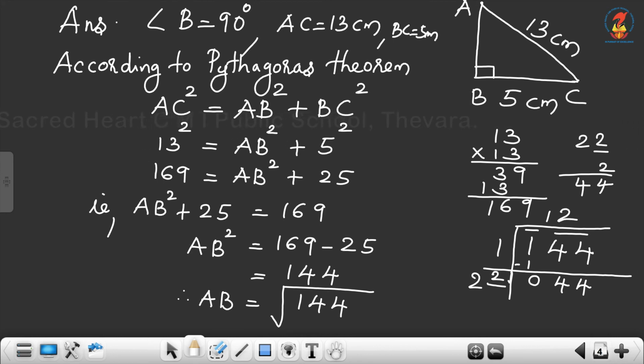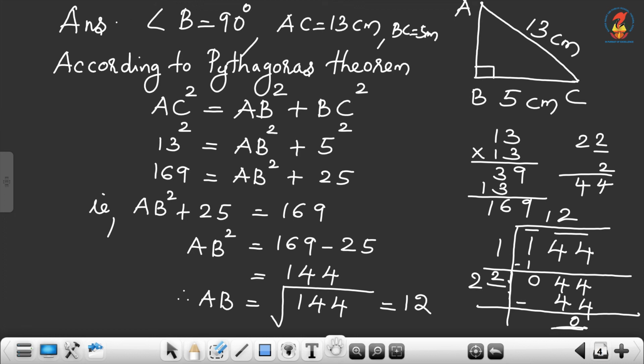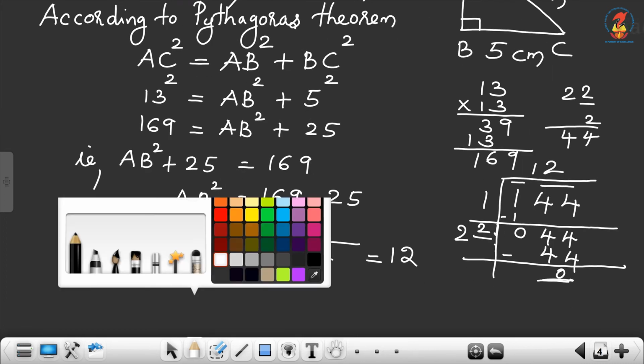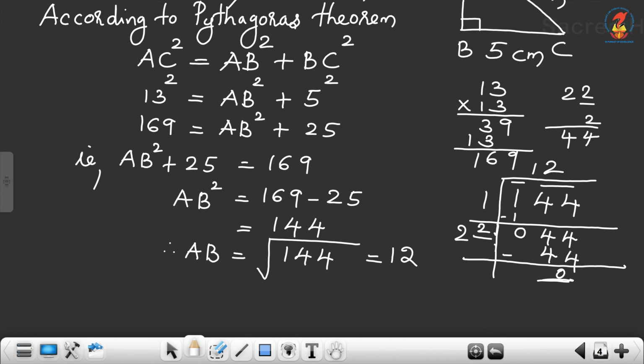So 22 into 2, 44, 0. Therefore, the square root of 144 equal to 12. Therefore, the value of AB, the length of this side AB, is equal to 12 centimeters.